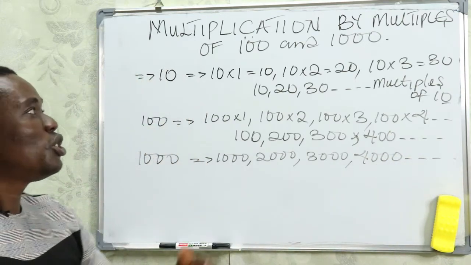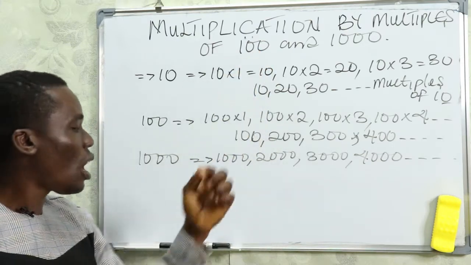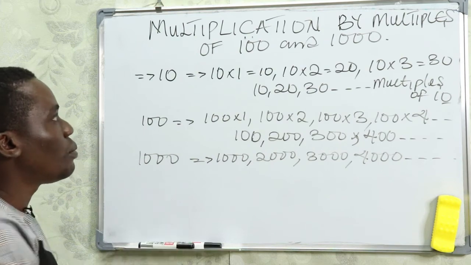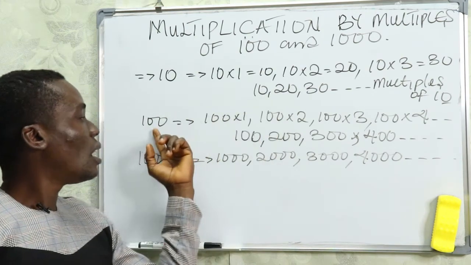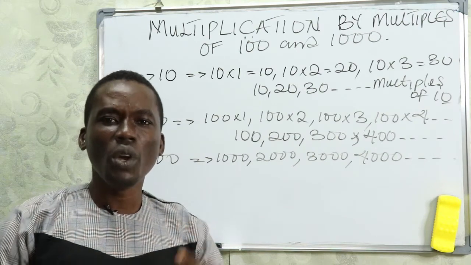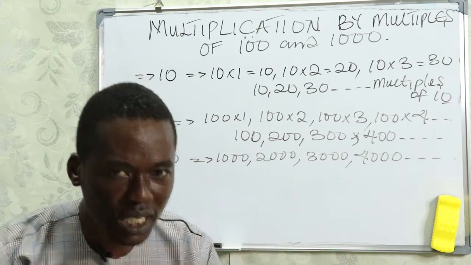So in today's lesson, we are going to teach you how to multiply numbers by the multiples of 10 and 100 and 1000. Now I want you to note something.